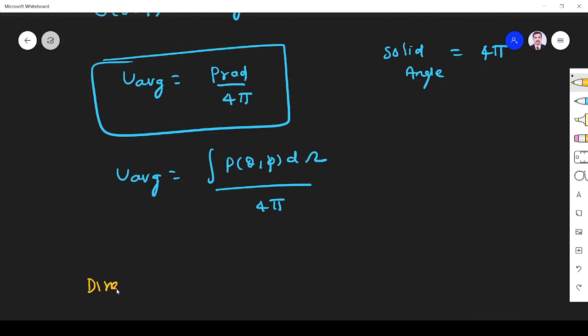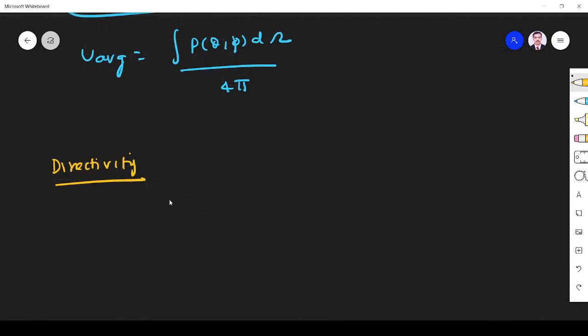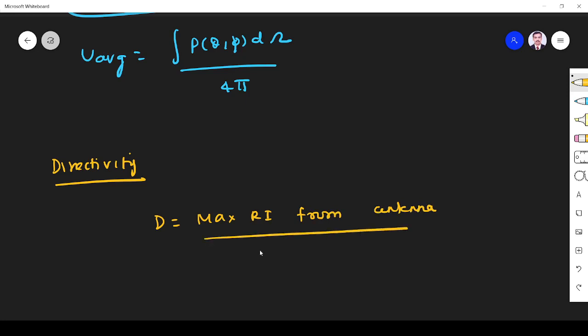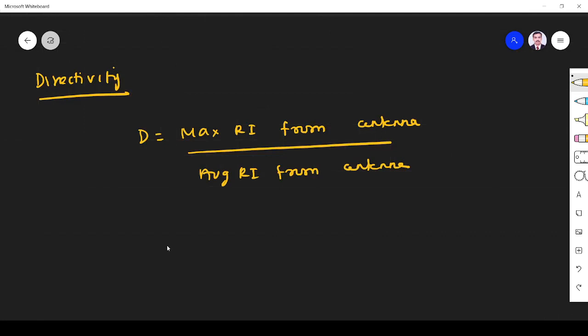Another important parameter is directivity. Directivity D is equal to the maximum radiation intensity from the antenna to the average radiation intensity from the antenna. Directivity is how much the antenna is directional.